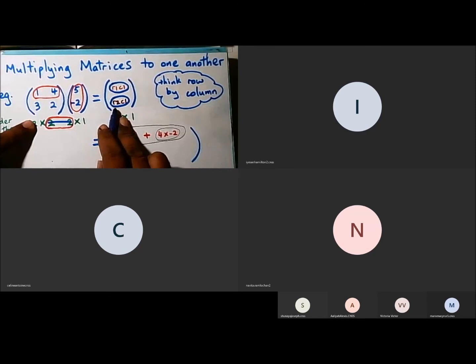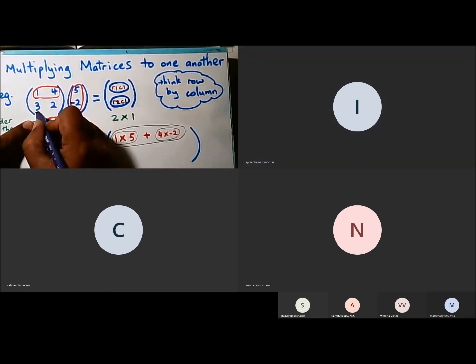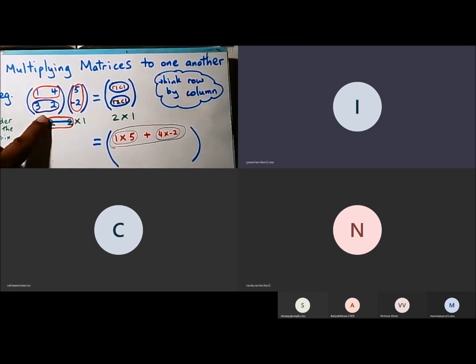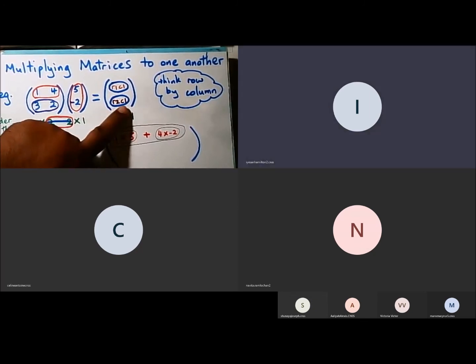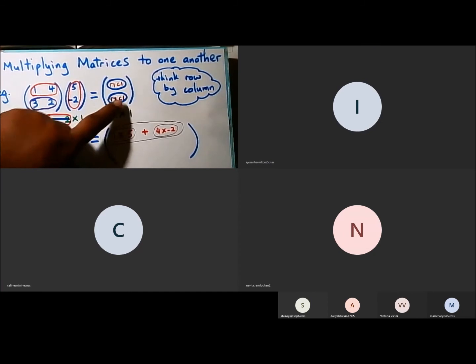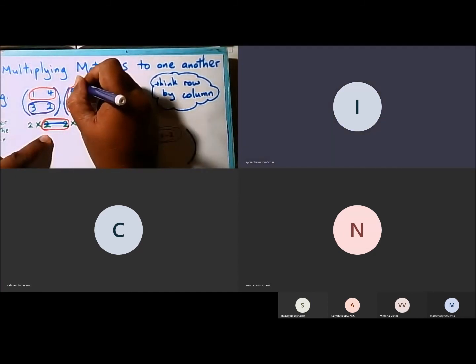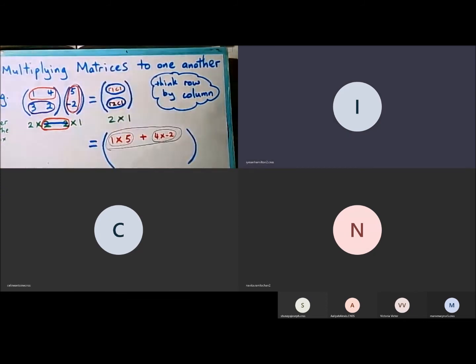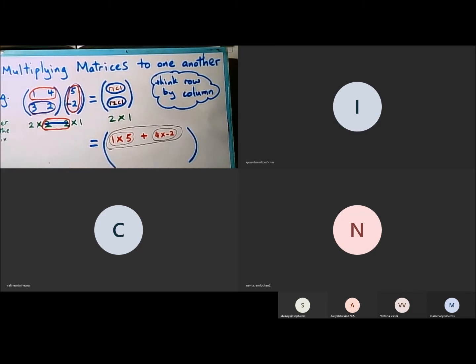I'm looking for row 2 of the first matrix. And I have to multiply row 2 to column 1 to get the answer here. So this here is column 1. So it's the same column that we used before, but it's a different row we use in here.